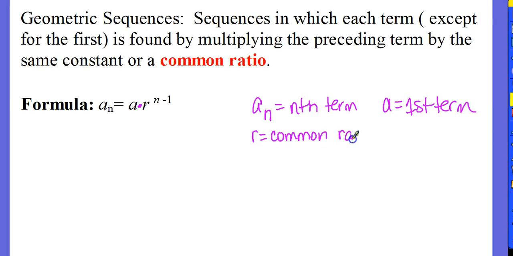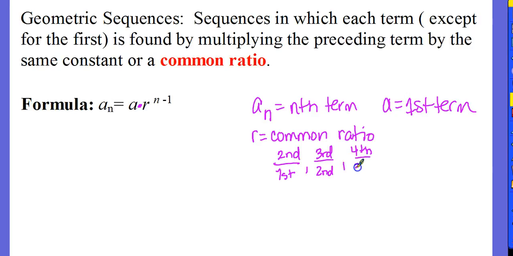And I am going to give you a little advice right now on how to find it. I typically will just do a couple of little tests to see if I can get a constant repeat. And I do that by taking this, I'm going to write it as a ratio because it's a ratio. And I'll do it by dividing the second term by the first term. Then I'll check it to make sure I can get a repeat, and I'll do the third term divided by the second term, and I'll do it one more time.